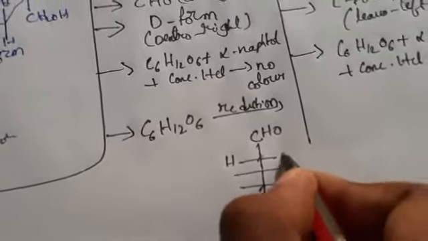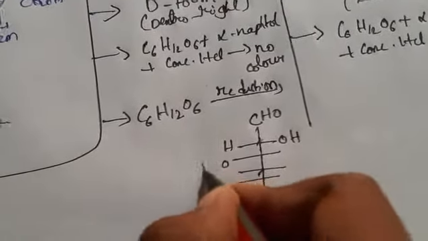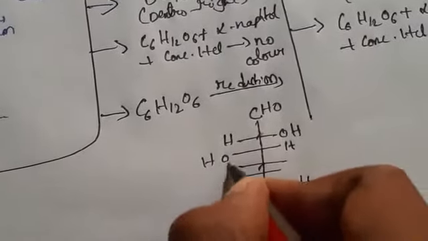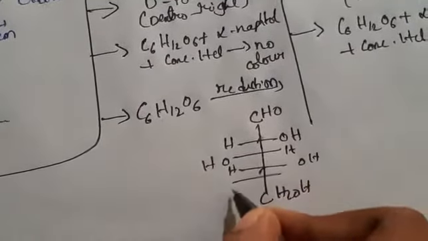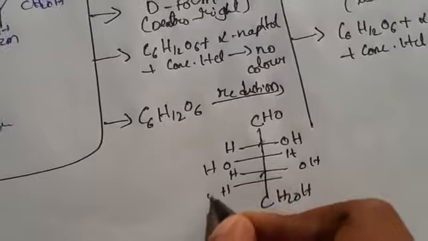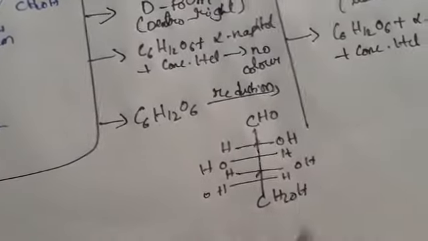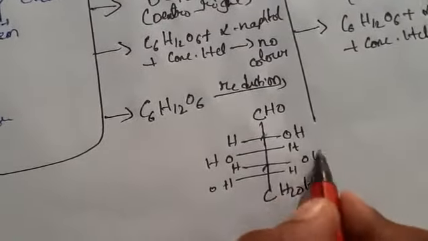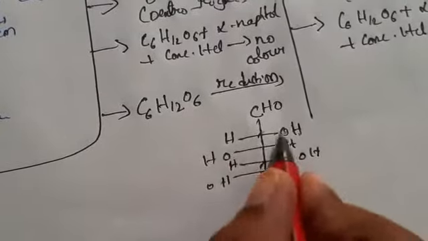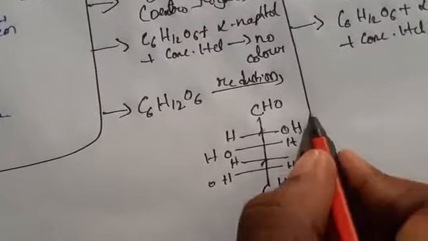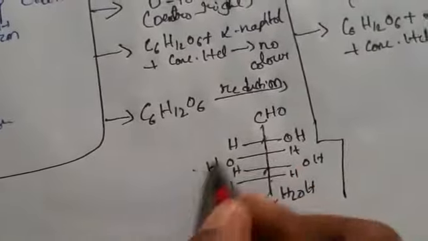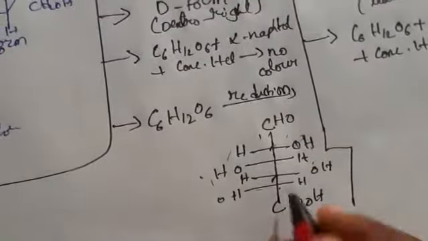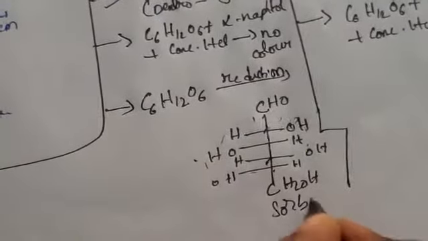Here OH, OH, H, HOH and HOH, H. See here, the OH groups are presenting like this, on opposite sides. Yes or no? So this one we call sorbitol.